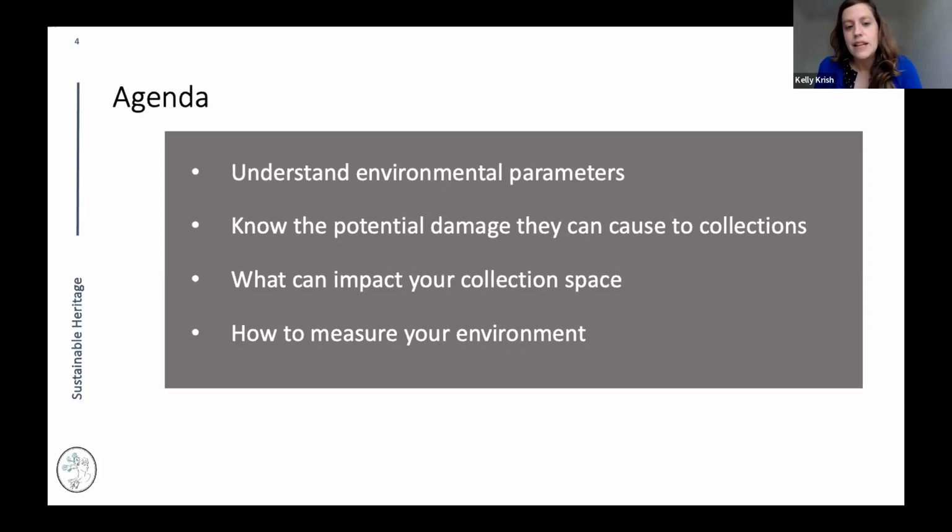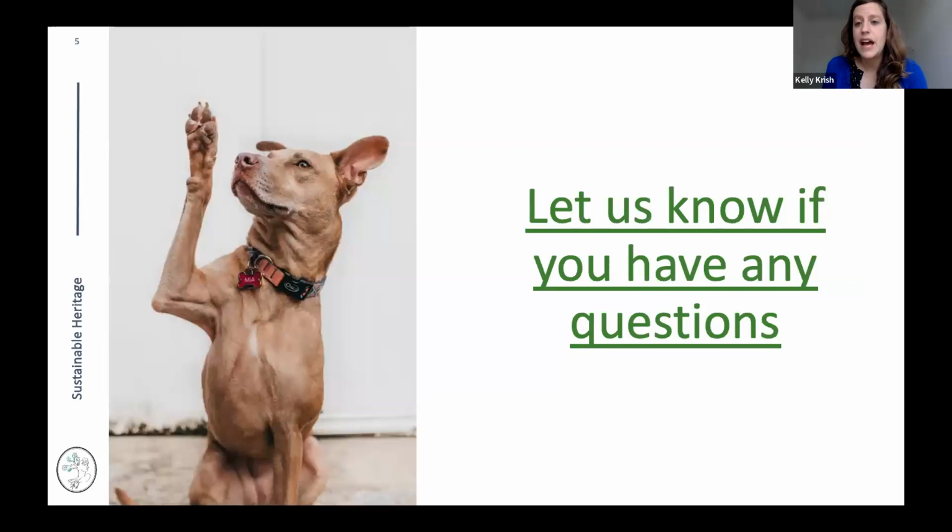And then ending with how you can measure it. So putting in that monitoring program so that you can begin to understand where the risks might be and what those risks are. Again, if you have any questions, feel free to ask now or save them for the end of the webinar, or even, like I said, follow up through email later on. Happy to try to address those.